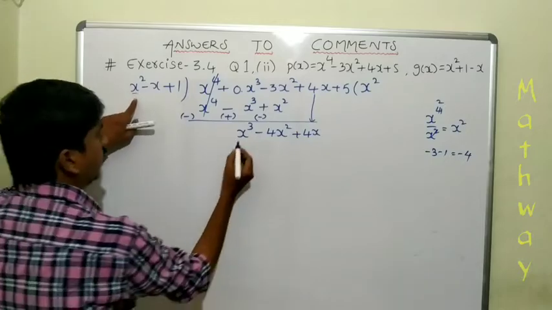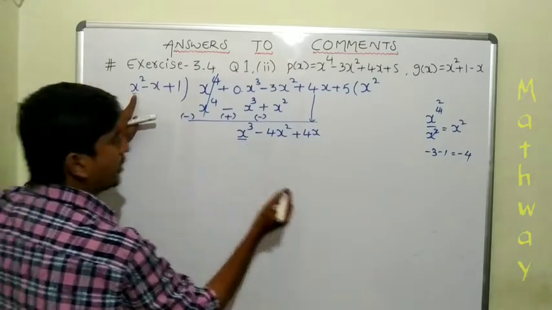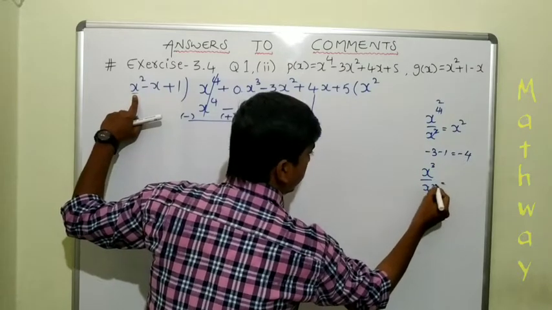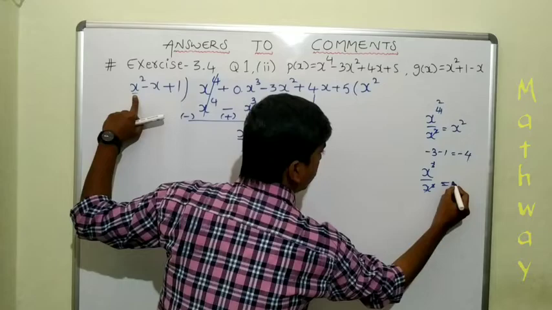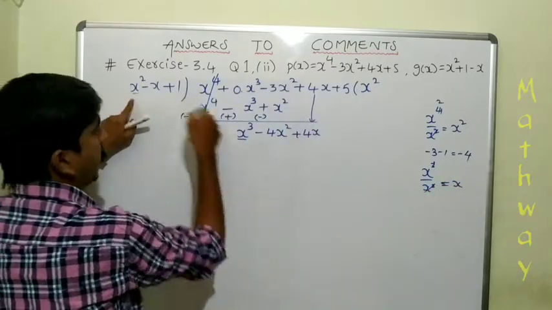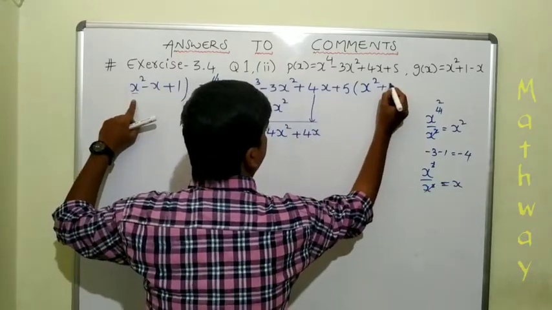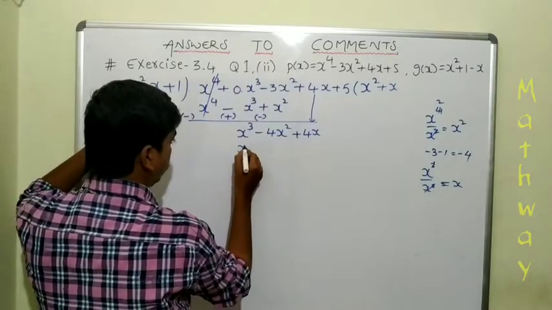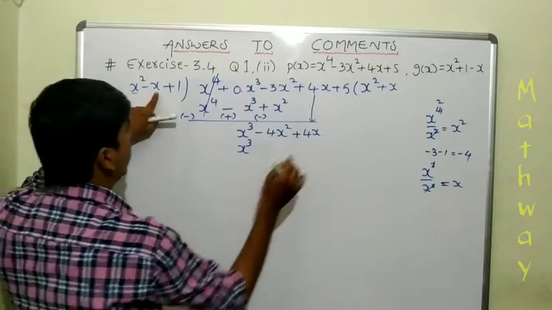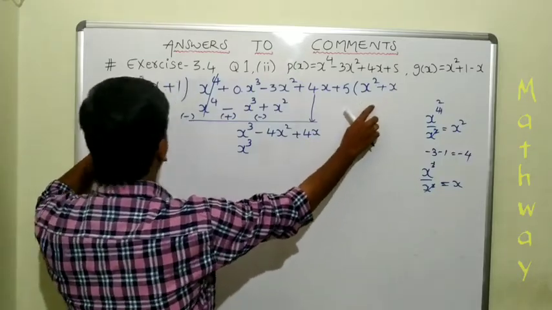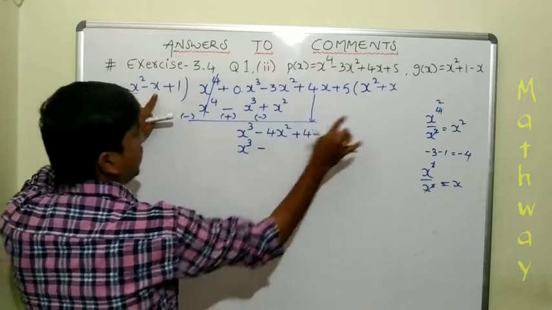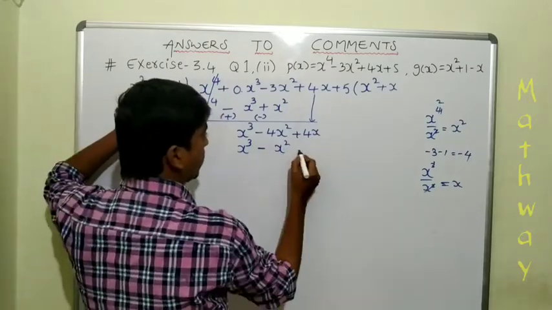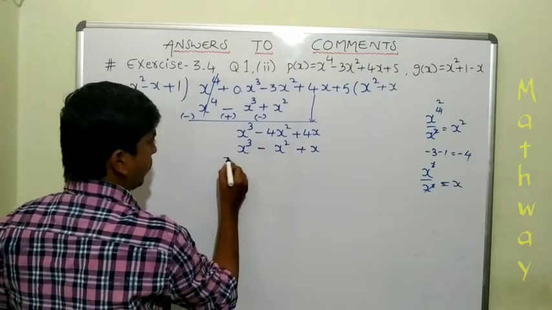Now take the first term, that is x cube by x square. Dividing x cube by x square, x will be left. Multiply this term x with the divisor: x into x square is x cube, x into minus x is minus x square, then x into 1 is plus x.